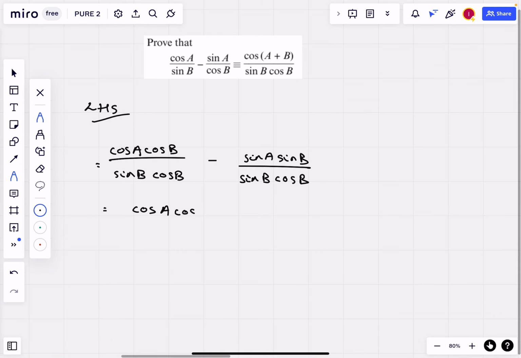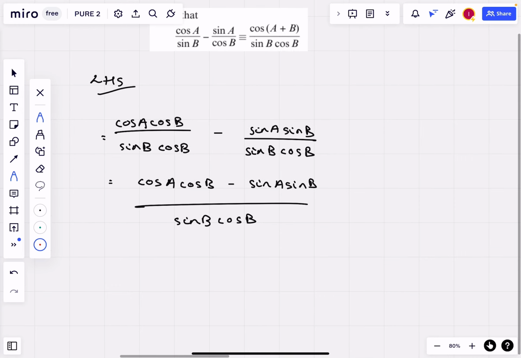So cos A cos B minus sine A sine B all over sine B cos B. Using our cos addition formula, cos A plus minus B is the same as cos A cos B minus plus sine A sine B. Which means if on the outside we have a negative, on the inside of our bracket we're going to have a plus.